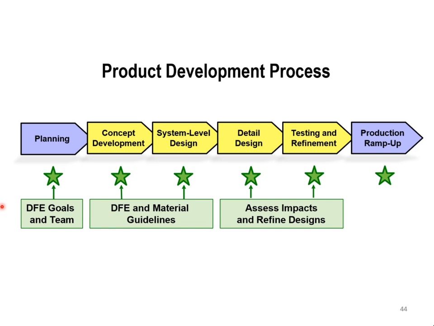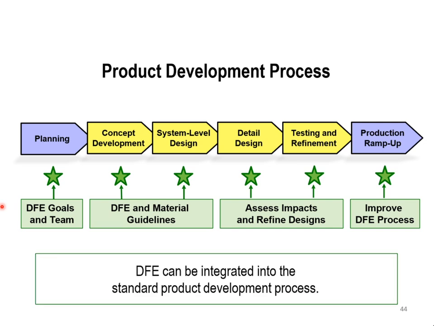The last stage is to assess the impacts and refine the designs, and finally improve the DFE process, and then the DFE can be integrated into a standard product development process as we explained here.